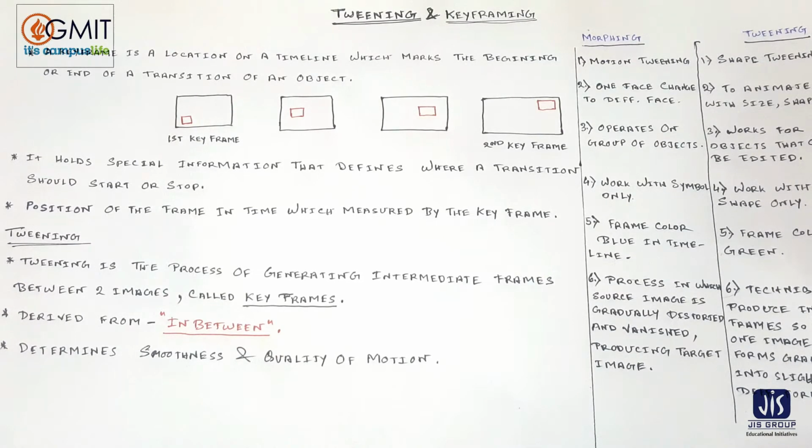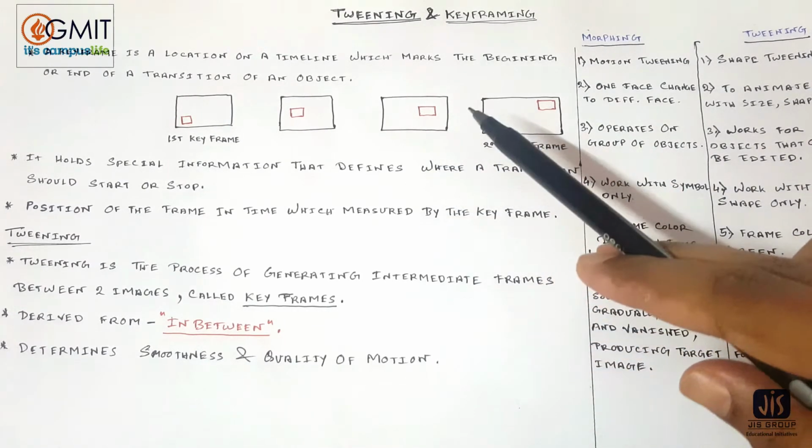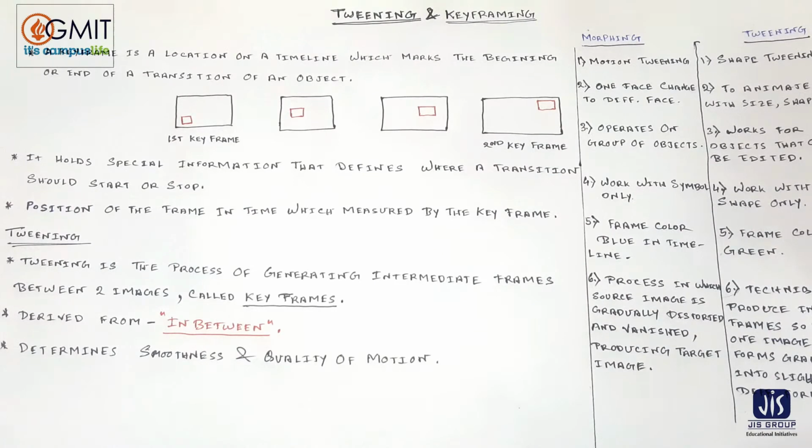The position of the frame in time is measured by the keyframe. That means the position of the frame must be with respect to time to keep a balance with keyframe. Otherwise, the animation could get disbalanced.